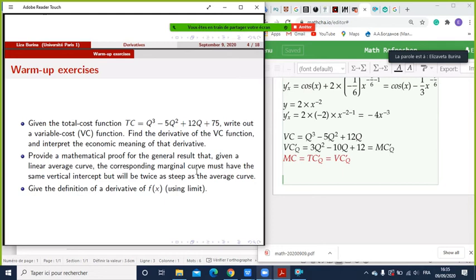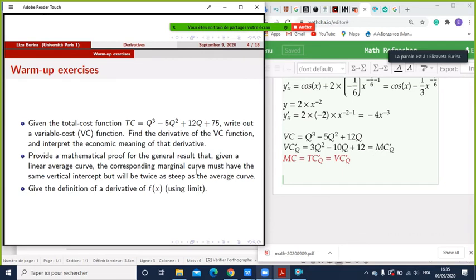Okay, first of all, what average, what marginal, doesn't matter. We can say, well, for the sake of clarity, let's agree that we're talking about marginal, variable, average costs, right? So let's say we have average cost curve, and then we want to prove that the marginal cost curve must have the same vertical intercept but twice as steep.